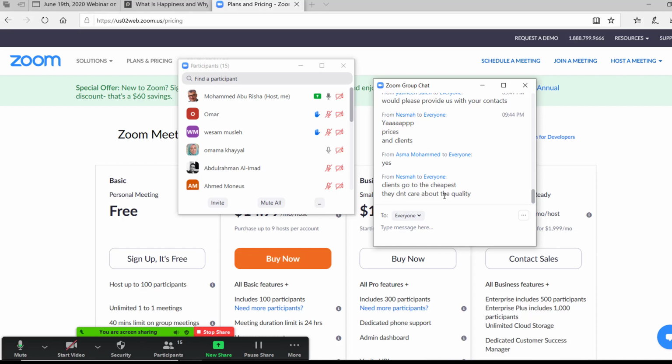I understand your feeling, and I understand why you made this conclusion, but we need to know more about it. What makes you think that they want only low quality just as long as it's cheap?